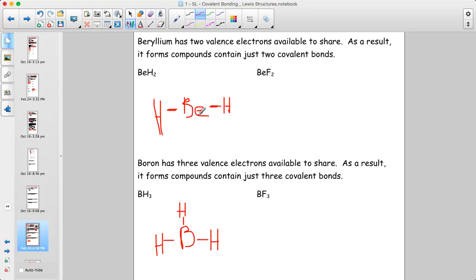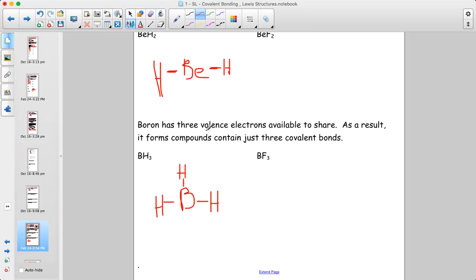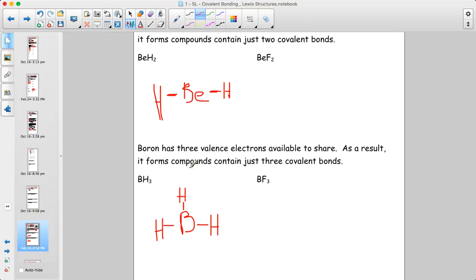And these are the two elements to be aware of. They form compounds with less than an octet of electrons. They can form polyatomic ions, which have charges and then have the full octet of electrons. But for now, when they are uncharged, there's no way for them to actually get that full octet. And so this is what they look like.